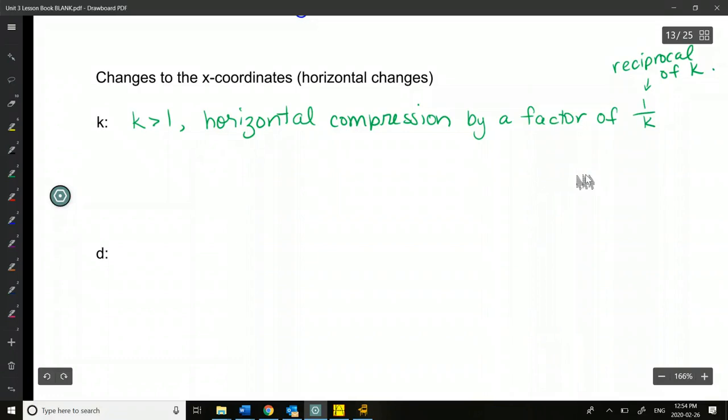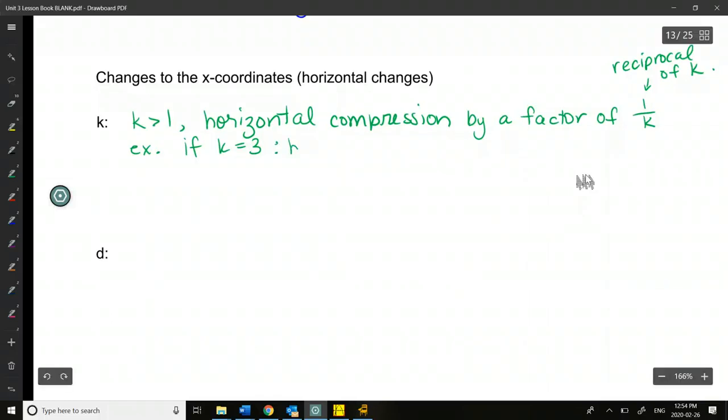So for instance, if K equals 3, this is a horizontal compression by a factor of the reciprocal of 3. What's the reciprocal of 3? What's the denominator of a regular number? 1. So what's the reciprocal of 3? 1 over 3.